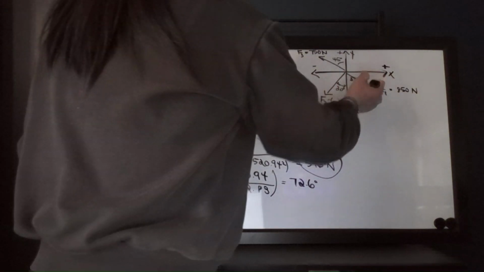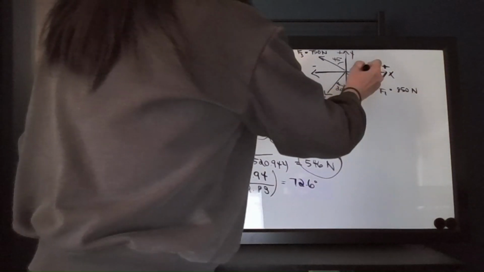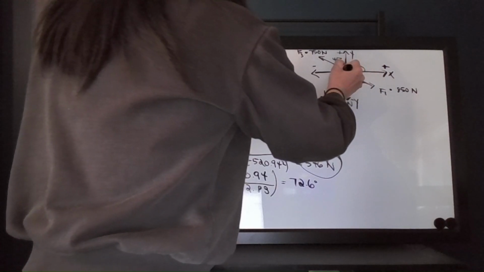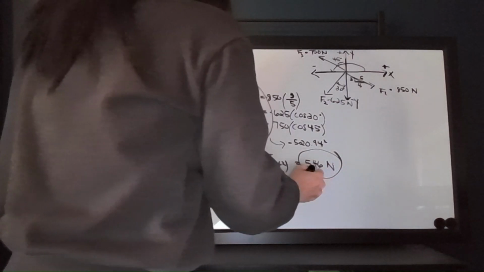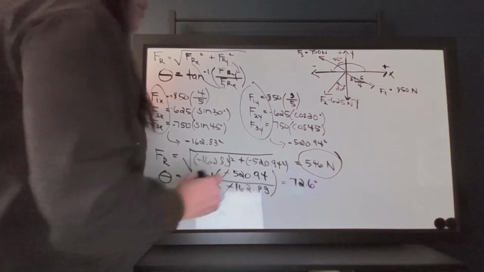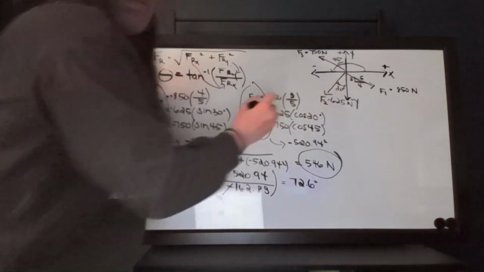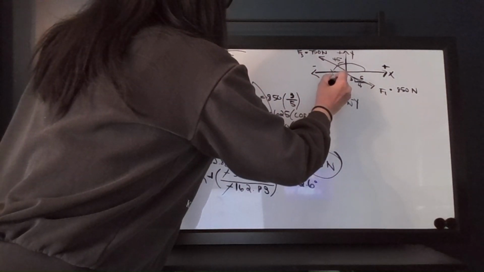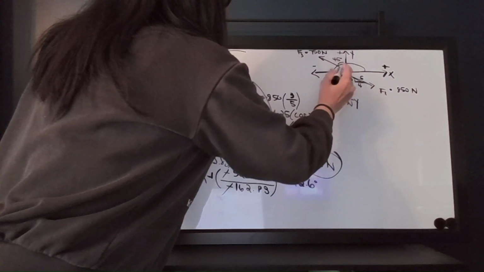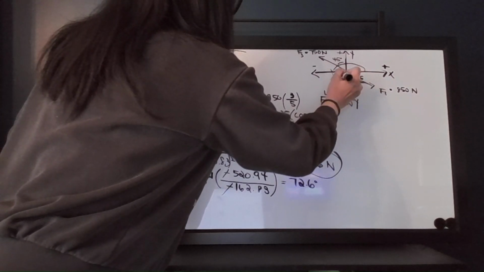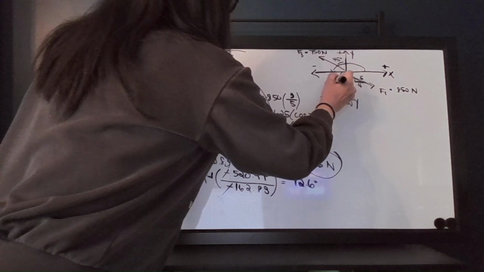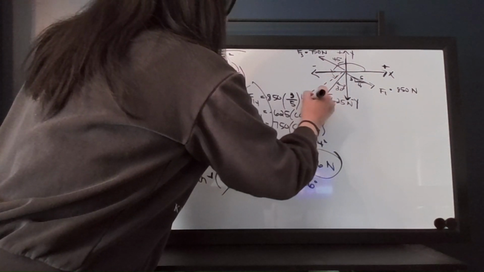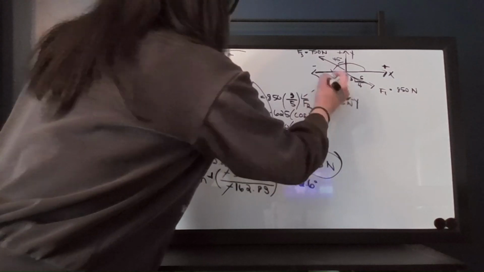So you're going to add 180 plus 72.6 degrees. I'm going to use this dotted line here to show that this is the resultant force.